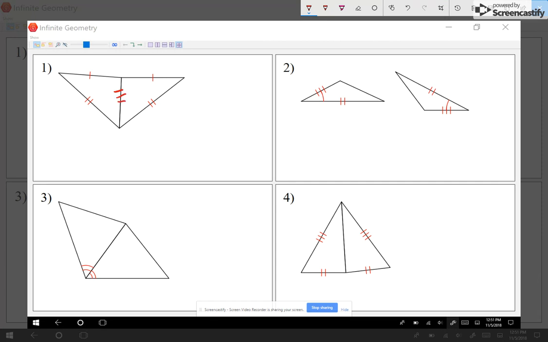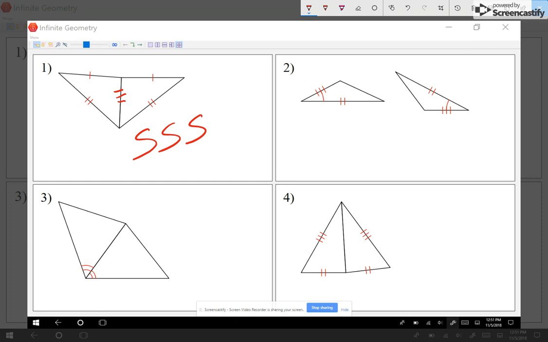I notice that on each triangle, there are 3 sides marked. So I'm just going to say this is by side. Right? The question was, tell me if the triangles are congruent. If they are, say how you know. By writing side, you're pretty much saying they are congruent because of side. All you have to do is write the rule.